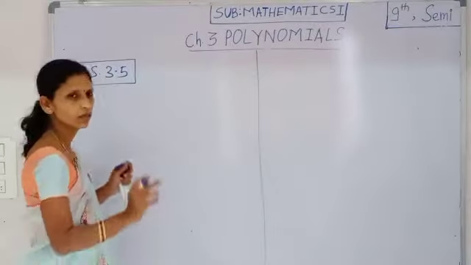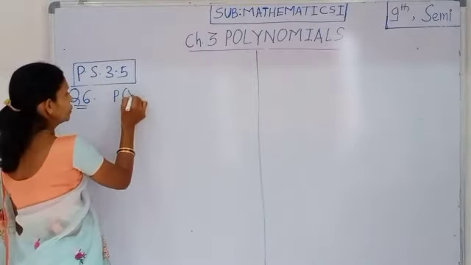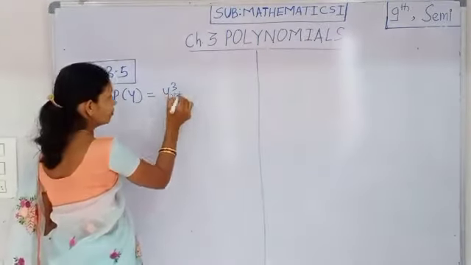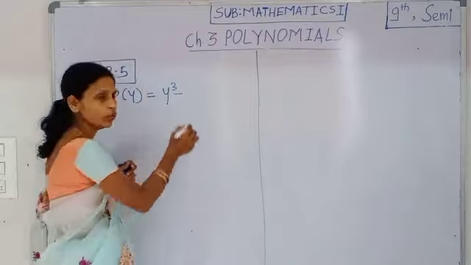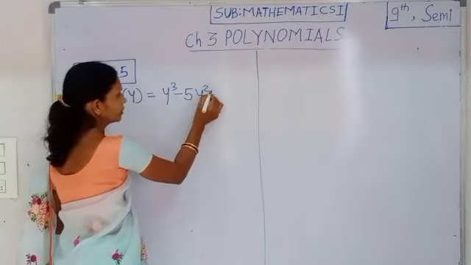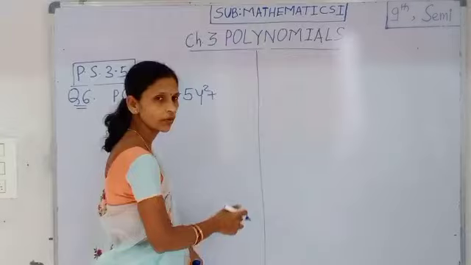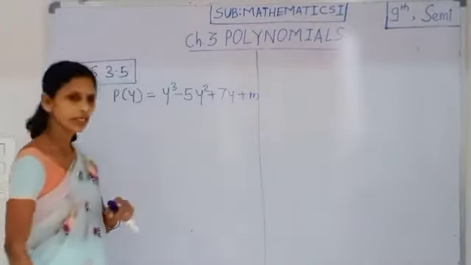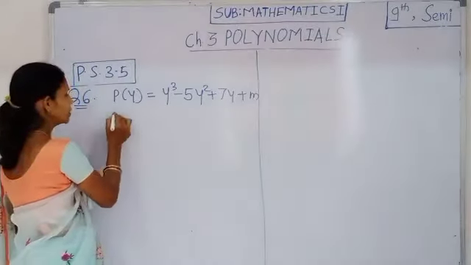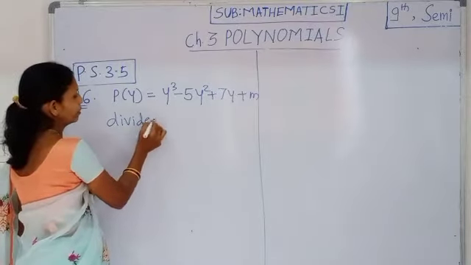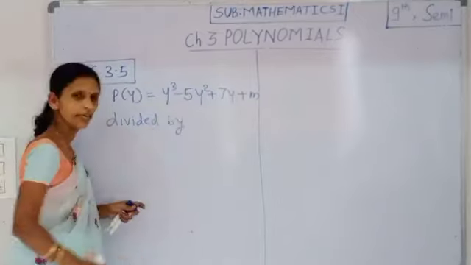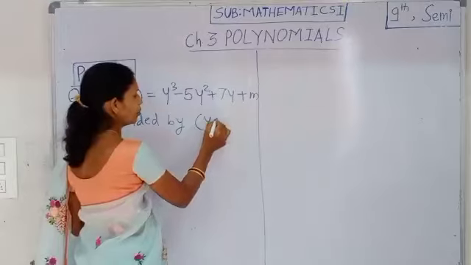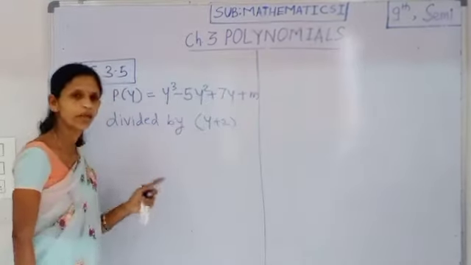That is here one of the polynomials which is given, that is p(y) is equal to y cube minus 5y square plus 7y plus m. Then that polynomial is divided by the second polynomial, that is y plus 2, that is a binomial.